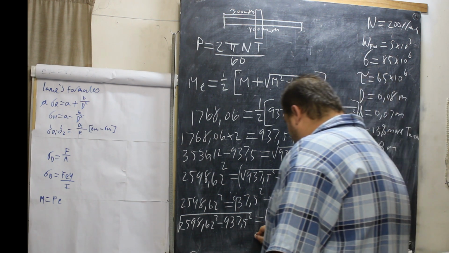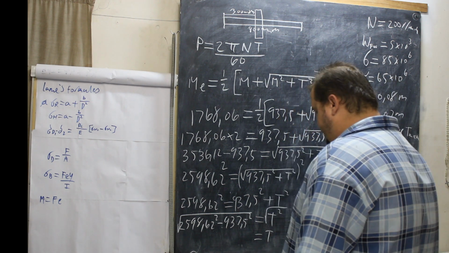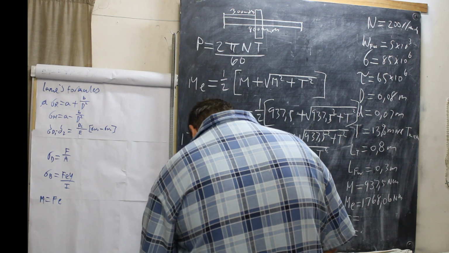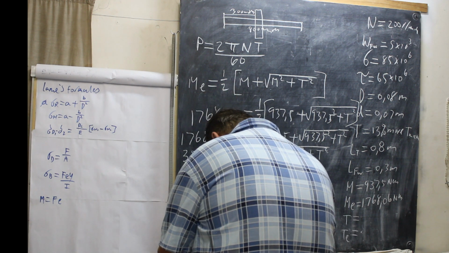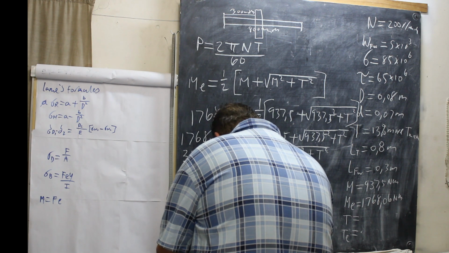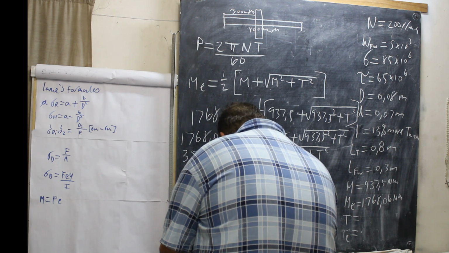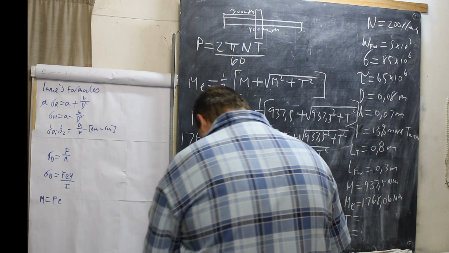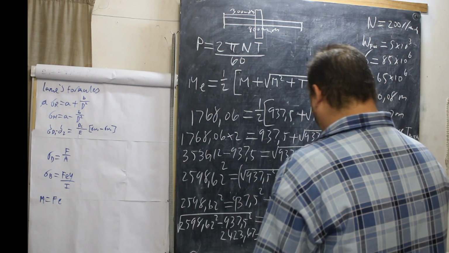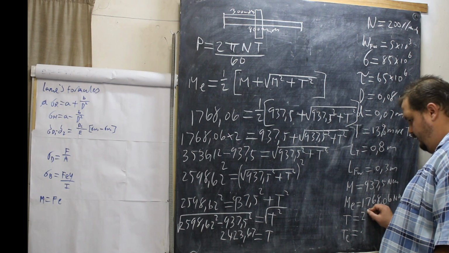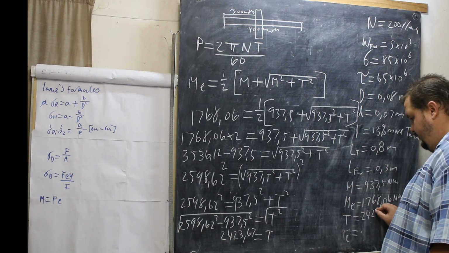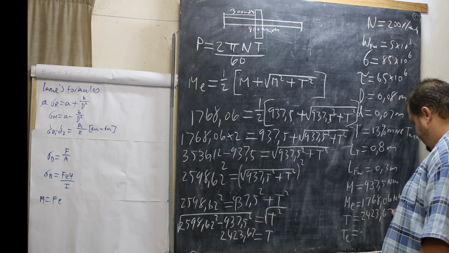Then we have t all by itself. And we have t equals 2423,67.